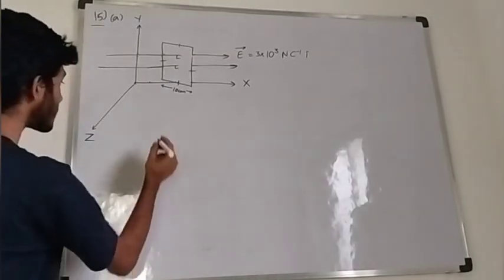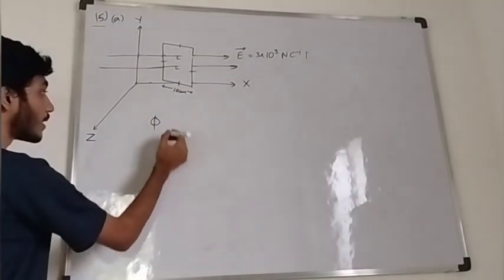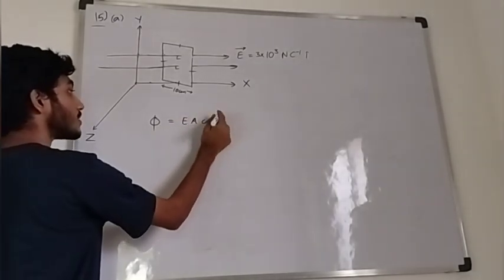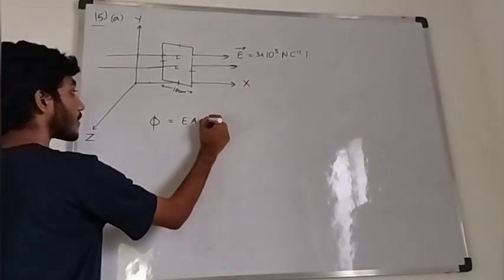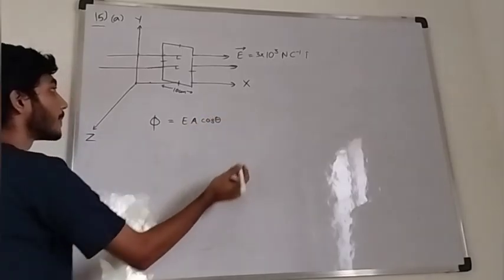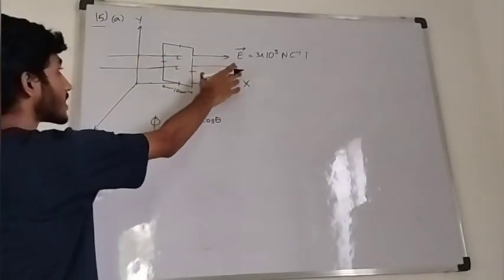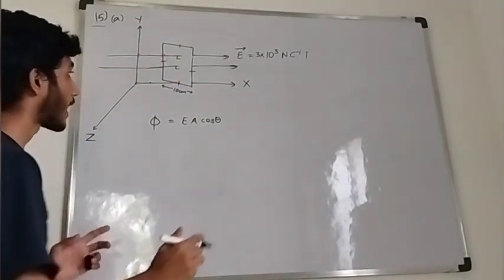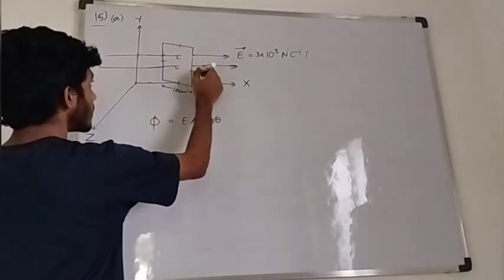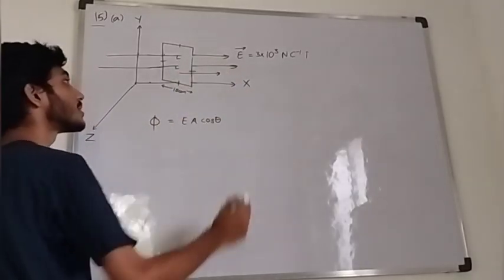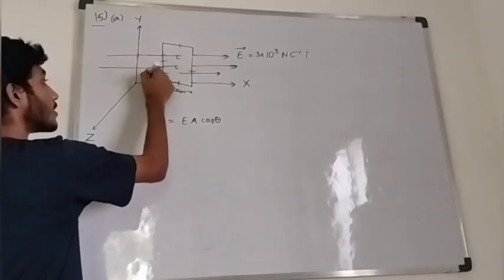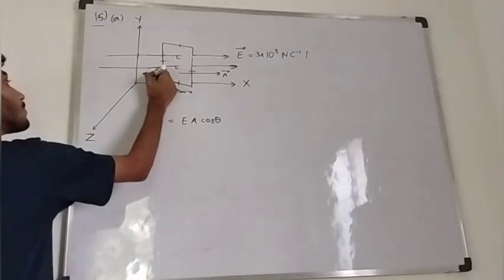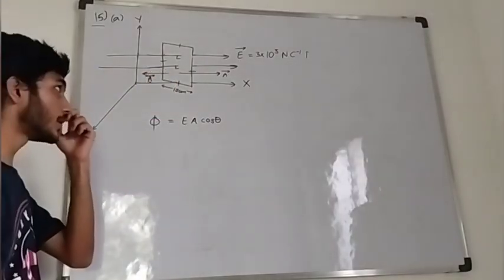We will not assume that, we will just simply apply the formula. Flux equals E A cos theta, or E dot A, and here the angle between electric field and the area vector is either 0 degree or 180 degrees, because you see the area vector can be projected like here, or it can be projected like here. For a 2D surface it can be projected in any direction, just perpendicular to the plane. It must be perpendicular to the plane.